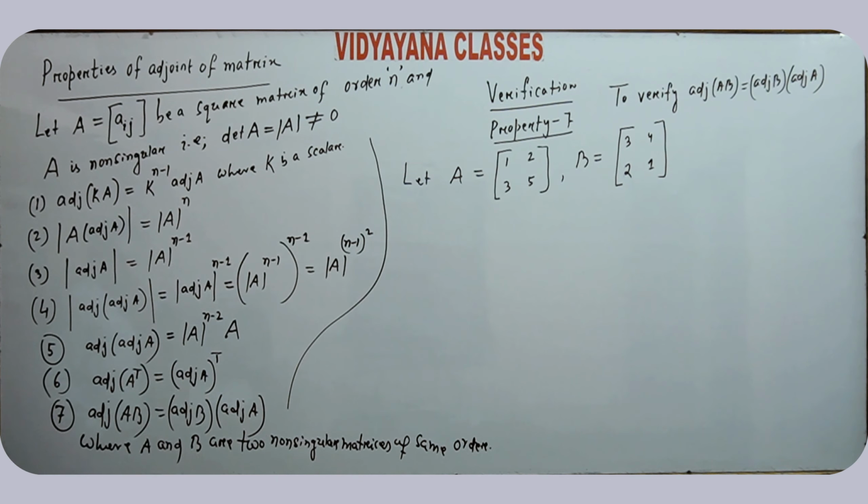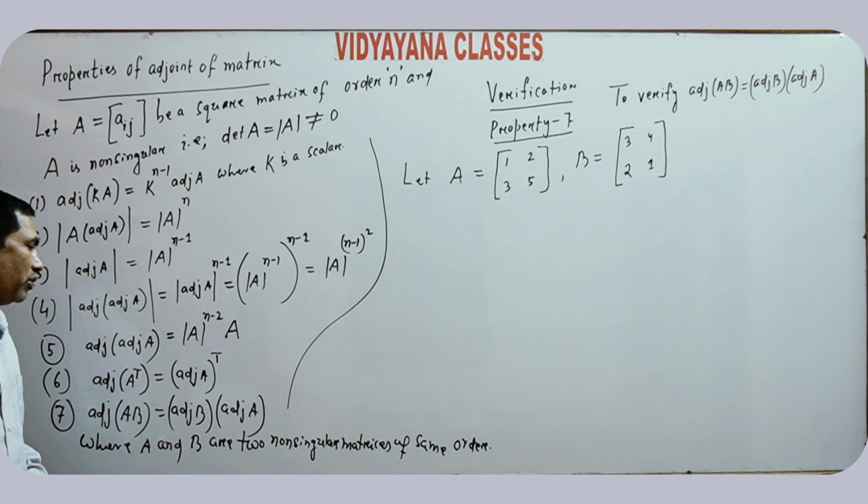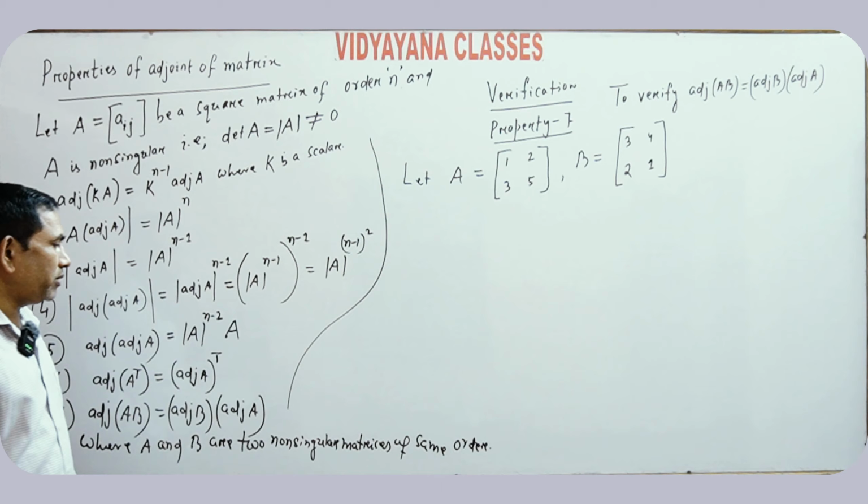Property number 7: the adjoint of AB is equal to the adjoint of B into the adjoint of A, where A and B are two non-singular matrices of the same order.